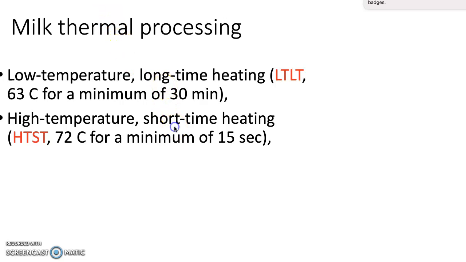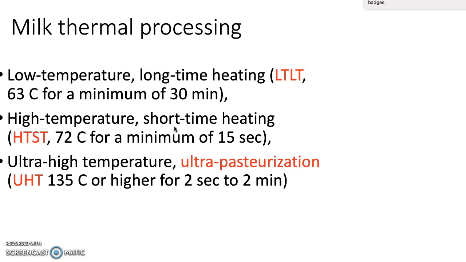And then there's also a third type of pasteurization that is called UHT, ultra high temperature. So the temperature is much higher at 135 degrees C, above the boiling temperature. And it's typically 2 seconds, sometimes even longer.